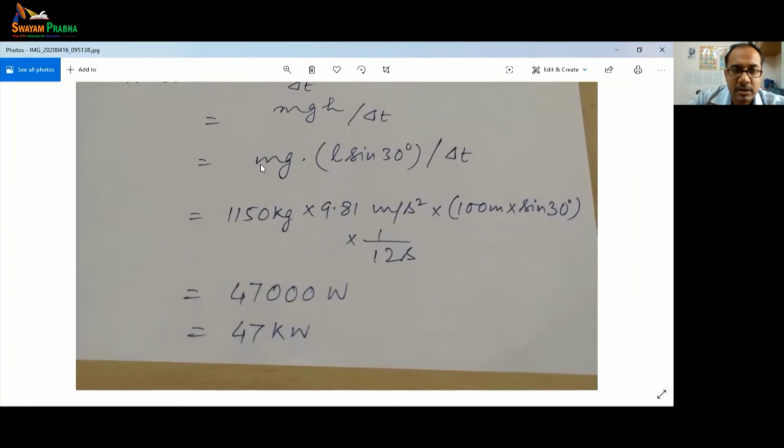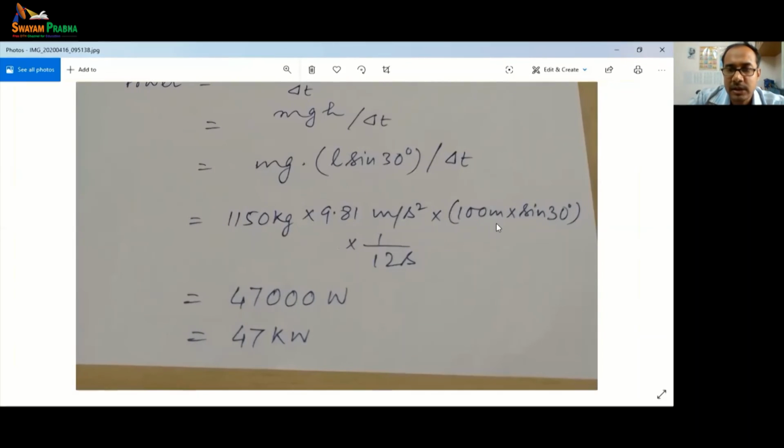Now everything is given. The mass is 1150 kg, multiplied by the acceleration due to gravity, 9.81 meters per second squared, and then L is 100 meters and sine 30 degrees, and the time delta t is given to be 12 seconds. Everything is in SI units, so the power you get is in watts.